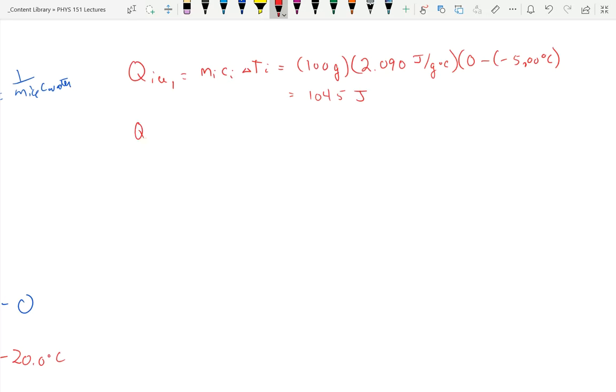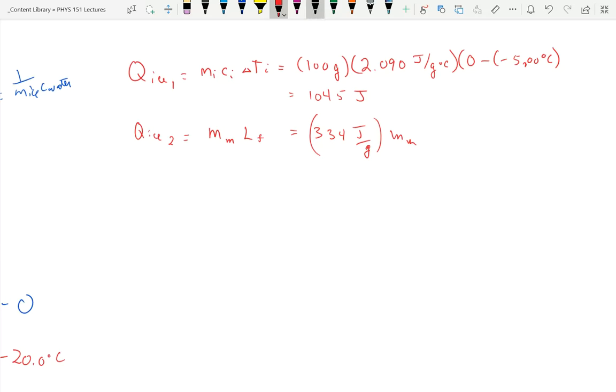And then Q ice 2 is going to be the mass that melts. It's not the mass of ice. It's not the mass of water. It's the mass that actually melted, which is what you're looking for in problem 5, multiplied by the latent heat of fusion. So now my unknown is mass melt instead of temperature final.